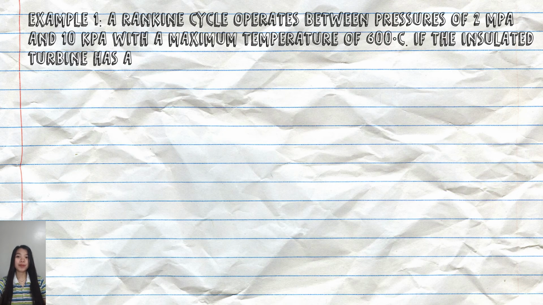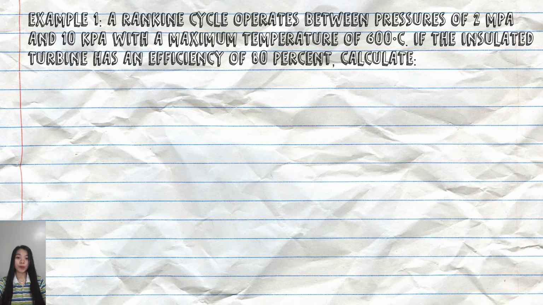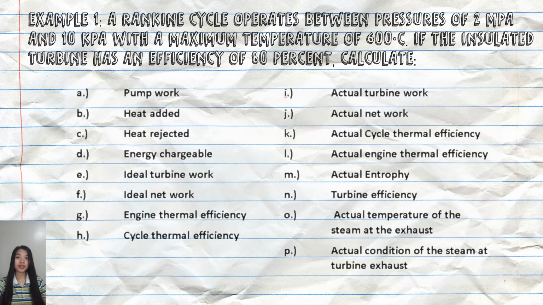So here's the problem. A Rankine cycle operates between pressures of 2 megapascal and 10 kilopascal with a maximum temperature of 600 degrees Celsius. If the turbine is insulated and has an efficiency of 80%, calculate pump work, heat added, heat rejected, energy chargeable, ideal turbine work, ideal network, engine thermal efficiency, cycle thermal efficiency.